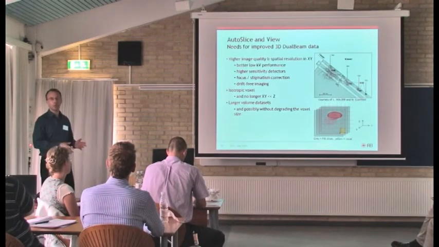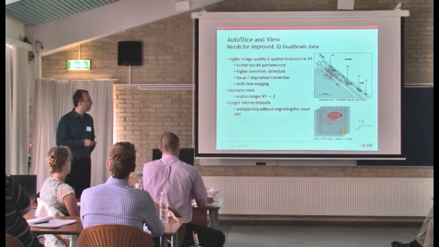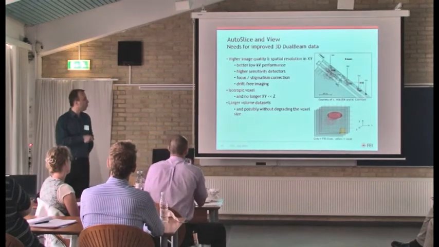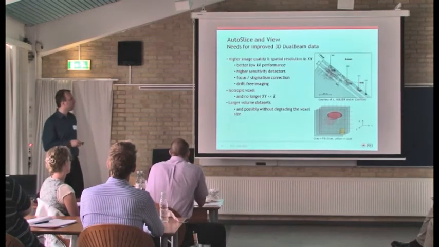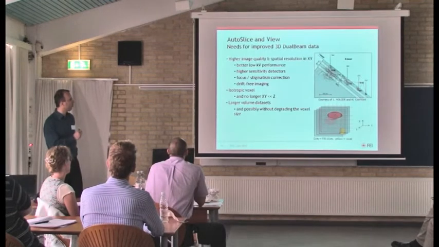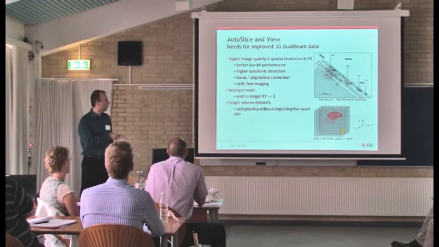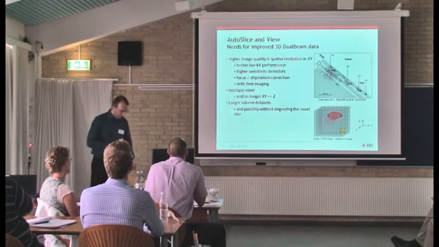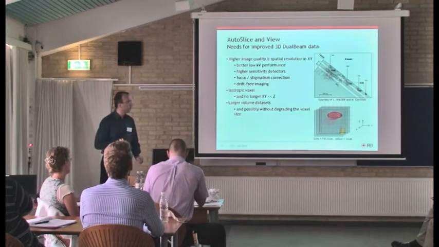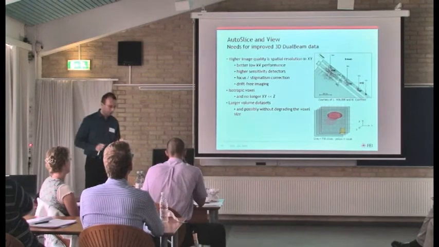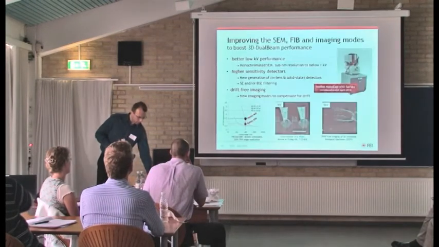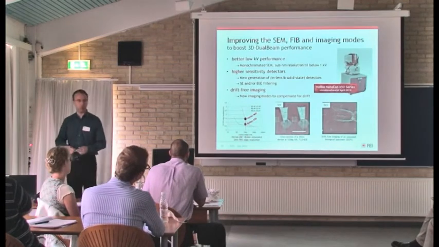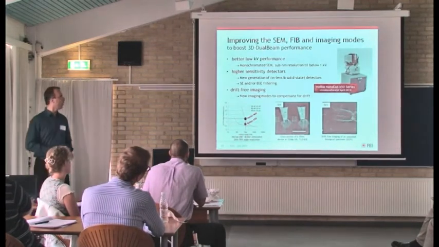Usually, I rather say imaging, because it's not only the detectors that we have here. Ways to automatically correct for imperfections of the image in the existing cases, but also isotropic voxels and larger volume data sets. So here I'm going to take these different points and also show you tracks that are being worked on or released lately to address those.